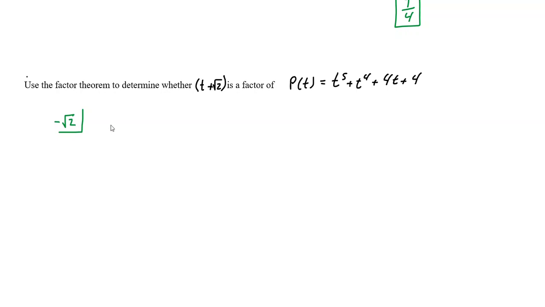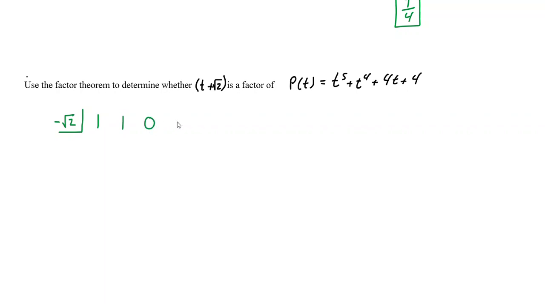And then the coefficients of my function, t to the fifth, t to the fourth, 4t plus 4. Okay, so we've got some 1s and we've got some 4s, so t to the fifth, the coefficient is 1. T to the fourth, the coefficient is 1. But t cubed, t to the third power, the coefficient is 0.